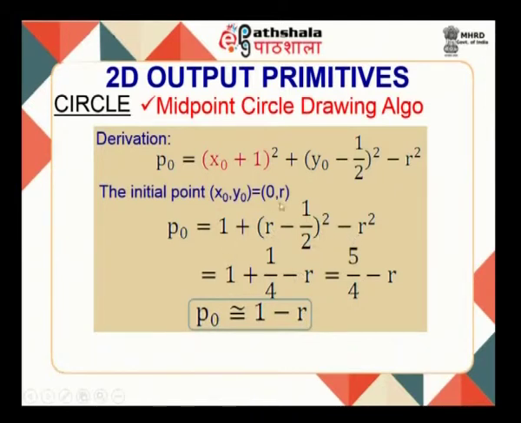If you expand this using the (a minus b) whole squared formula, you get 1 plus 1 by 4 minus r, which is 5 by 4 minus r. But 5 by 4 is a fraction, and you can round it off to 1 minus r, because for all our examples r will be considered as an integer, and so we have approximated this 5 by 4 to be 1.